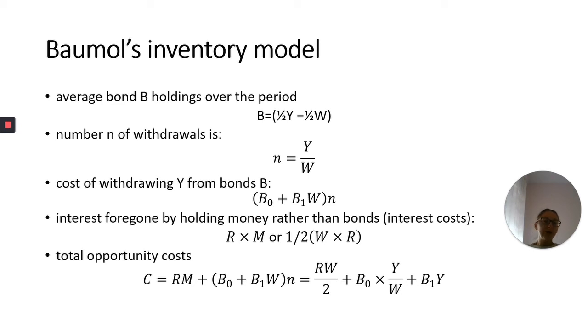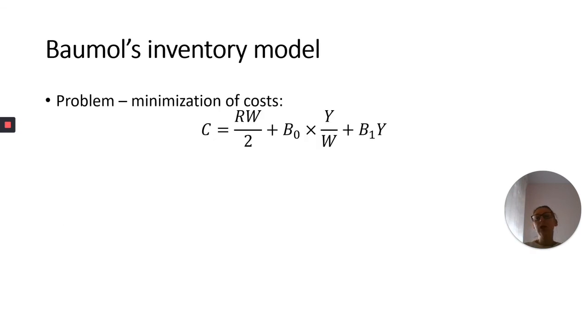If a person is rational, or this is something that we actually assume without much questioning in economics, when thinking about how much money to withdraw each time, how much money to have in cash, and so on, we need to think about minimization of costs. So what shall we do in order to have as low a cost as possible?